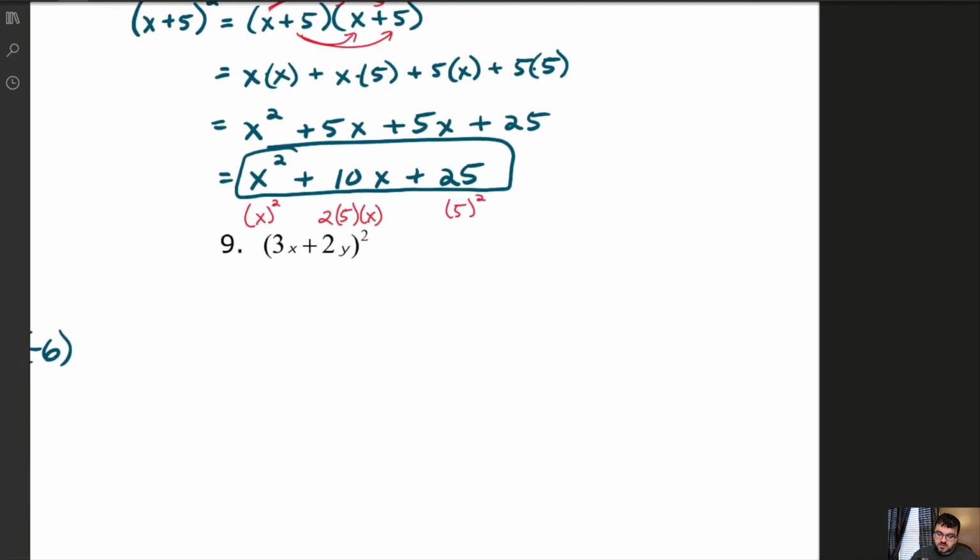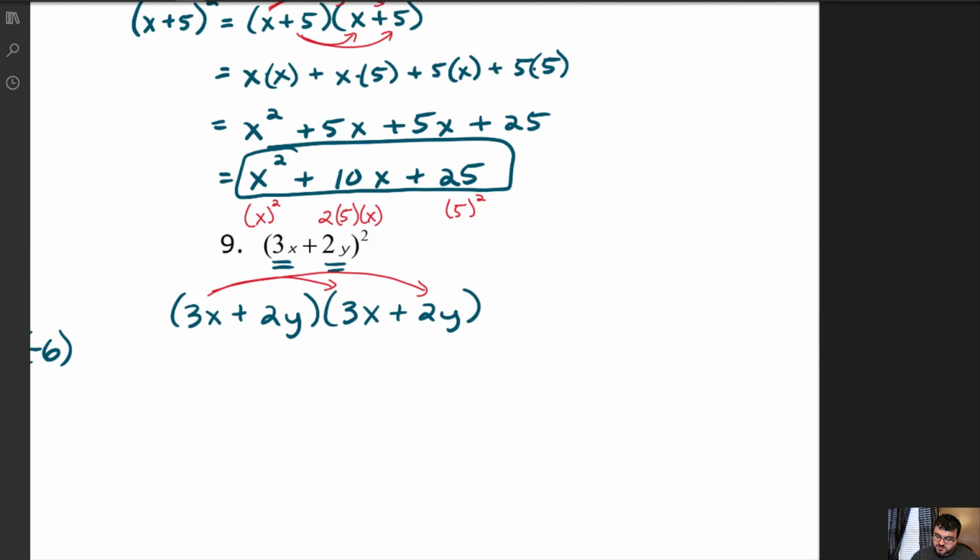So down here, we see that this is 3x and 2y squared. So what I would just do is break it down where it's repeated. So that's 3x plus 2y, 3x plus 2y. And then I'm going to distribute that 3x to both of those terms.